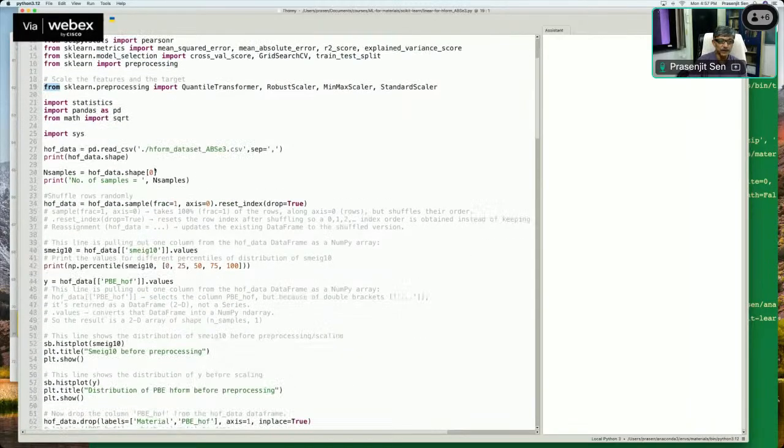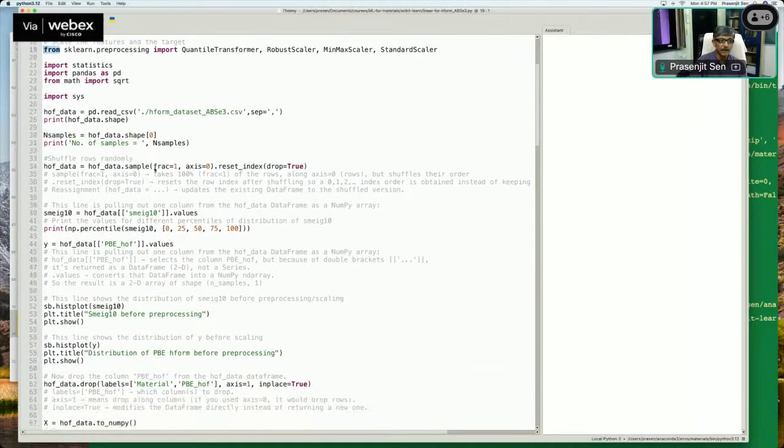Okay, then usual pandas, etc. So what I showed you is this data file, saved as a CSV, which is the data set for heat of formation for the ABAC3 class of materials that we had downloaded, and I had shown you how to create this data set using describe.